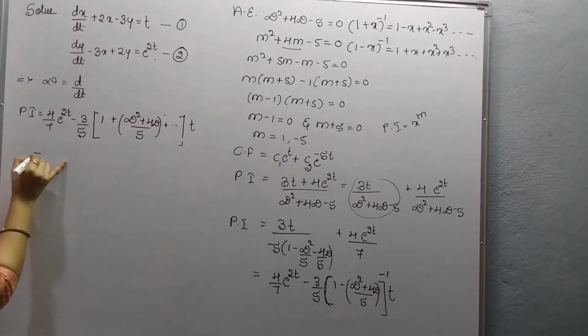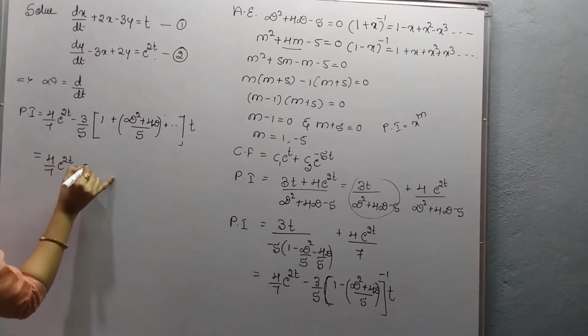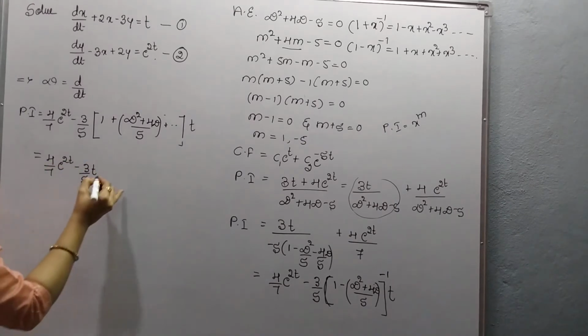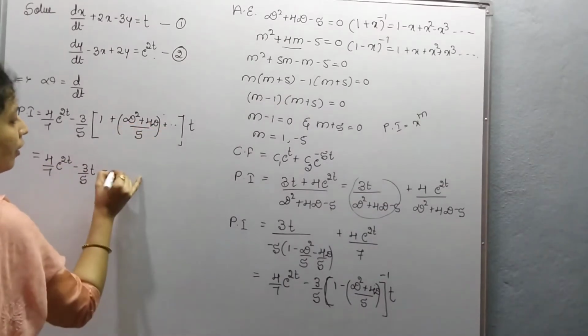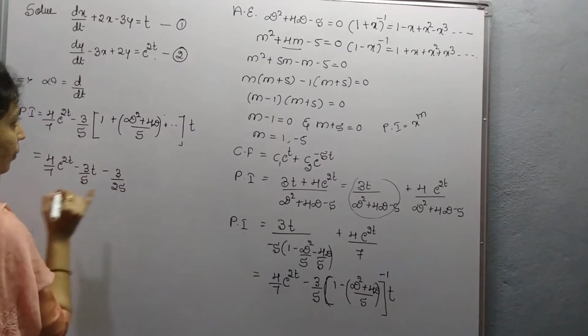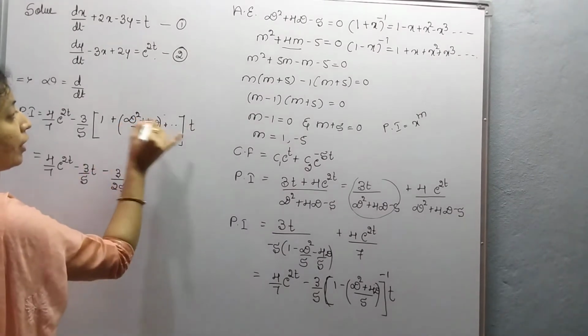Then this is equal to 4 by 7 e raised to 2t minus 3 by 5 into 3 divided by 5 into t, and minus 3 divided by 25 into D square of t.